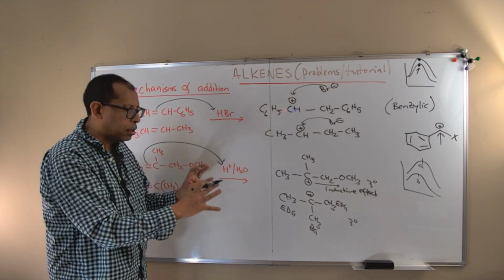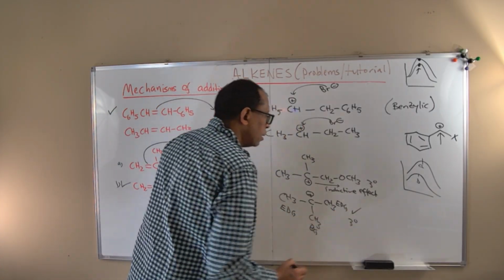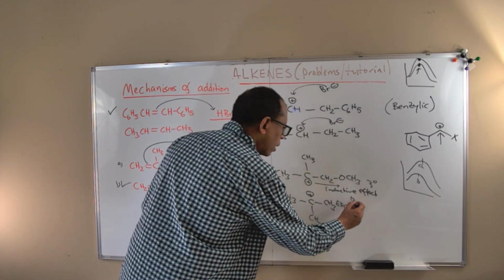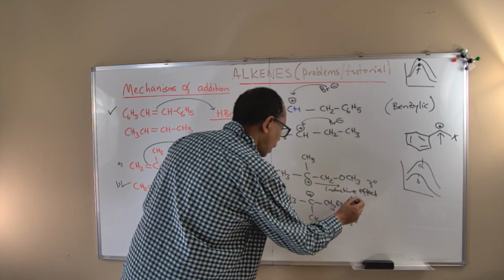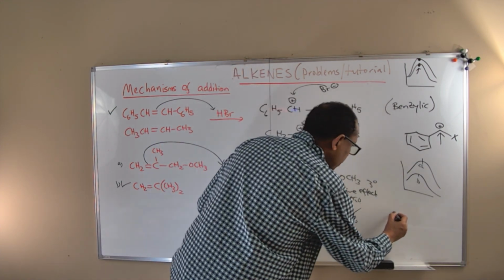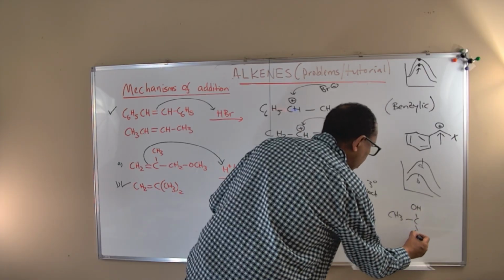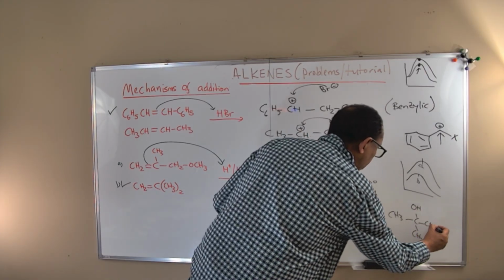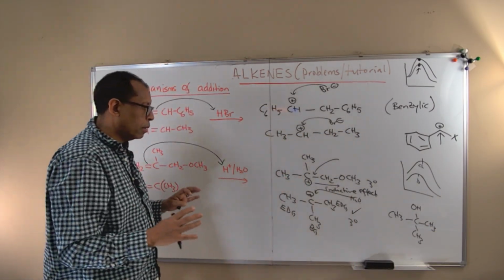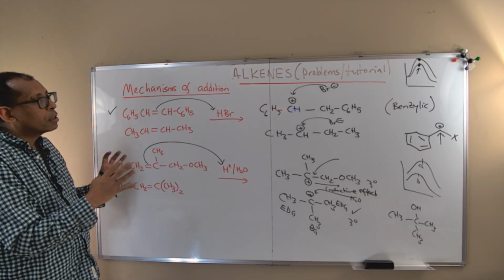So it stabilizes, and it forms fast. Hence, this is the fast forming carbocation, and water comes in and attacks there. So this forms at a higher or faster rate than the other alcohol. So for this one, the rate is slower. So these are based on the mechanism.